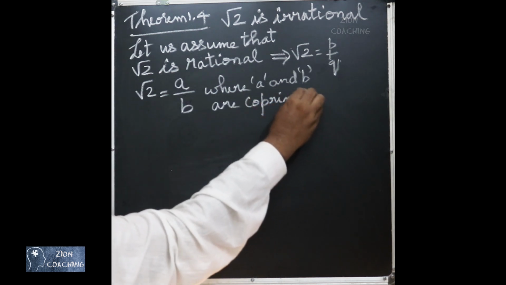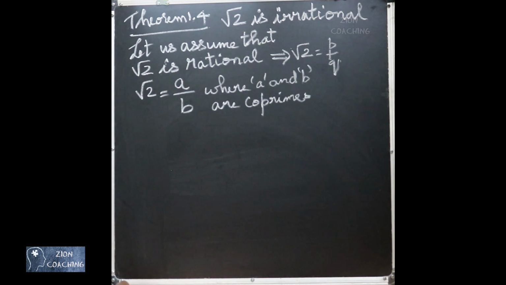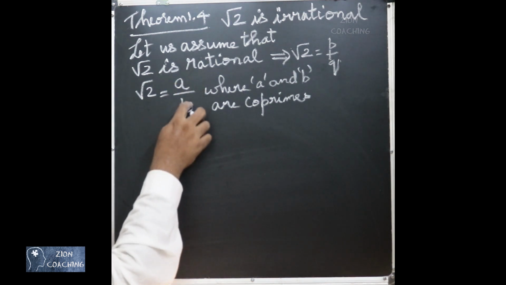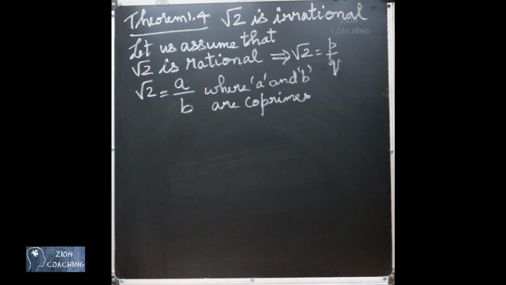What is the meaning of co-primes? Co-primes means the highest common factor of a and b is 1. That is, they don't have any other number as common factor except 1. So now we have shown that root 2 is equal to a by b, where a and b are co-primes and they don't have any other common factor except 1.